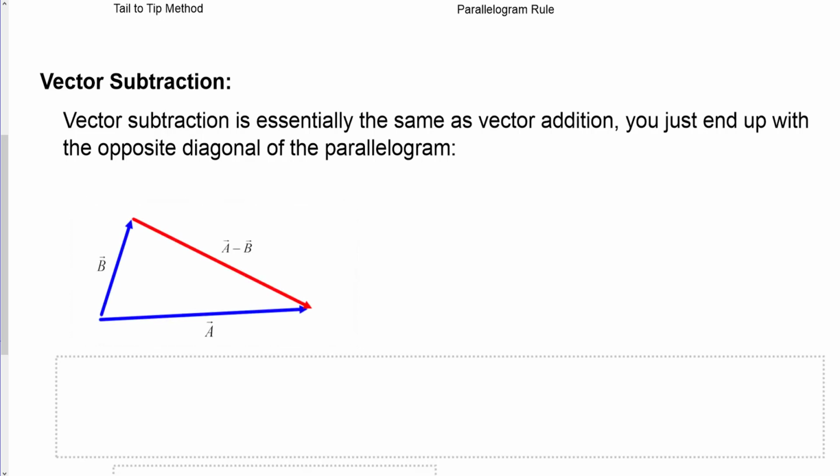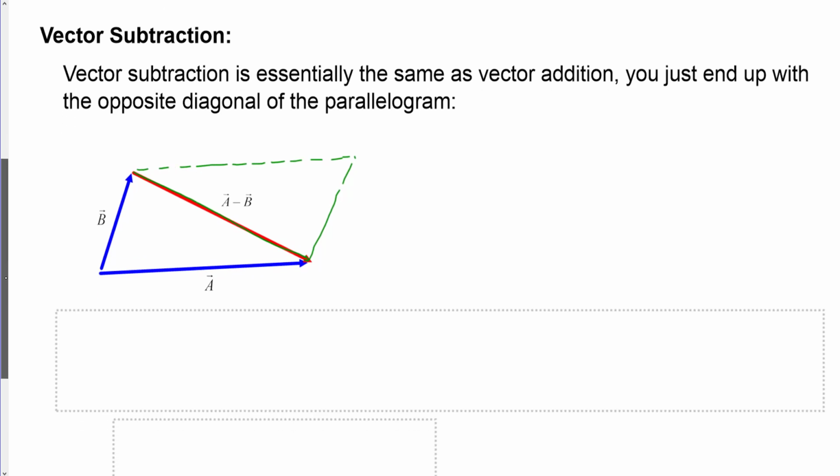So for instance, if A and B are oriented so that they have a common initial point, and you draw the parallelogram that has sides that are the length and direction that are the same of the original two vectors, vector A minus B is just the other diagonal in this parallelogram. Note the orientation of it, however. It's going downward in this case.